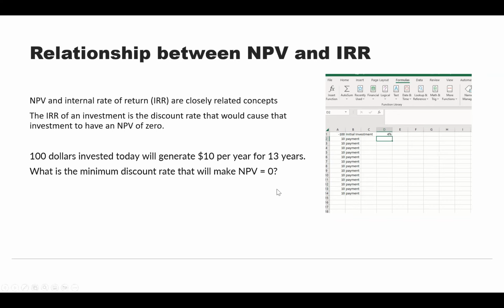That would also be a way of trying to determine whether a project is riskier or less risky. If you generate something that has a higher internal rate of return, like 8% or 7%, that's likely to be less risky.